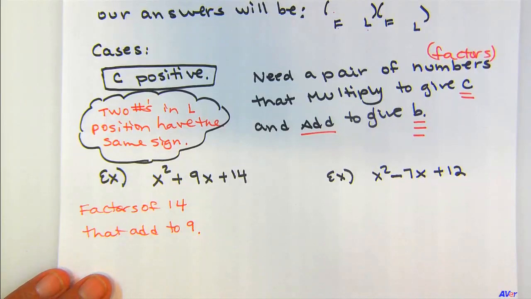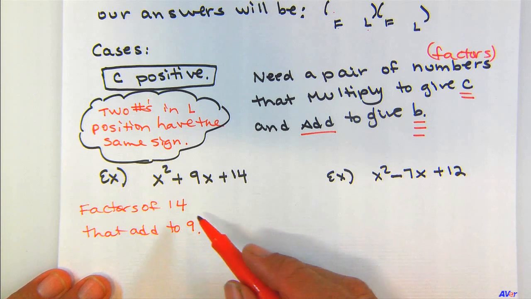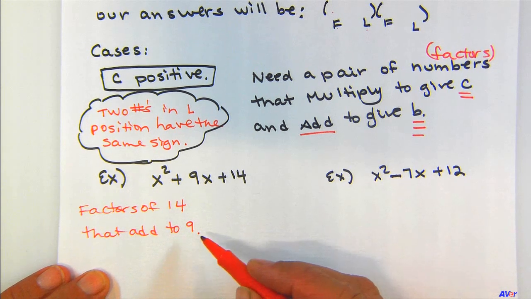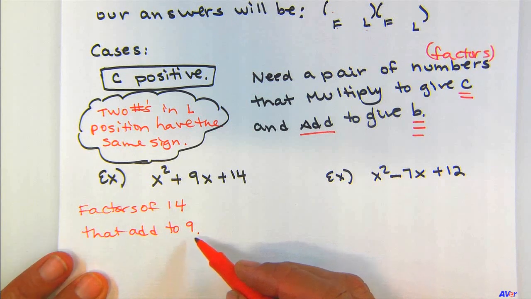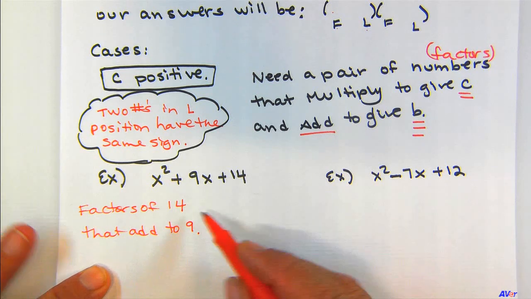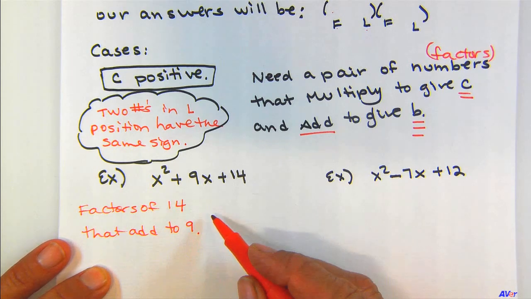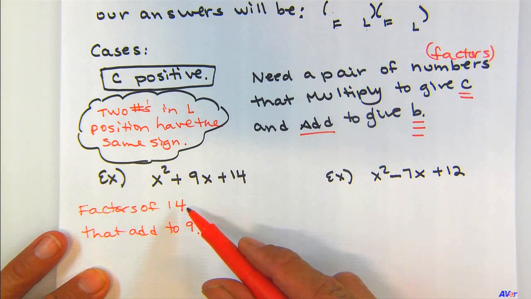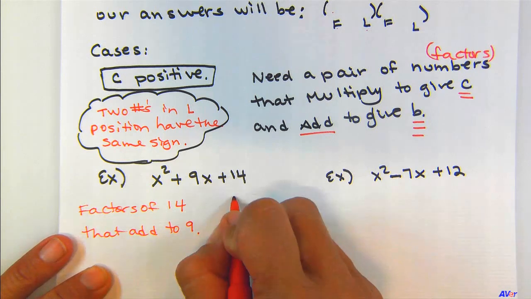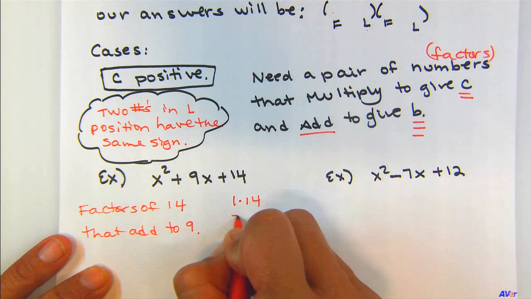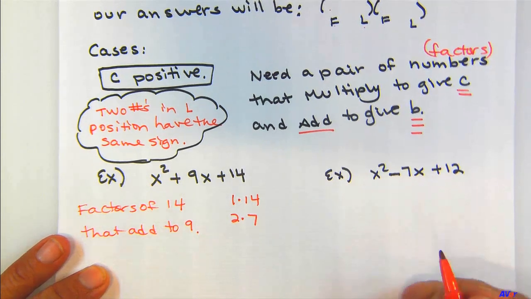Now you could also look for a pair of numbers that would add to give 9 first and see which one of those also multiplies to 14. But there are a whole lot more ways to add to 9 than there are multiplying to 14, right? We can write down an exhaustive list pretty darn quickly for numbers that will multiply to 14, right? So 1 times 14, 2 times 7, and we're done.